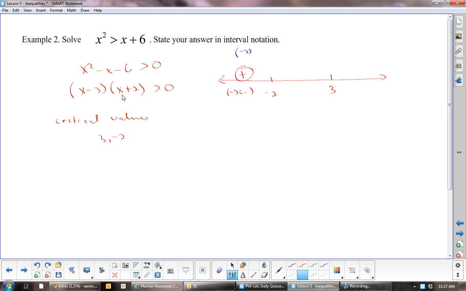Between -2 and 3, again, be nice to yourself, use 0. So 0 minus 3 would give me a negative here, and a positive there. So that will give me a negative.